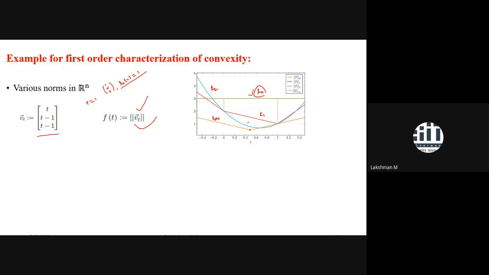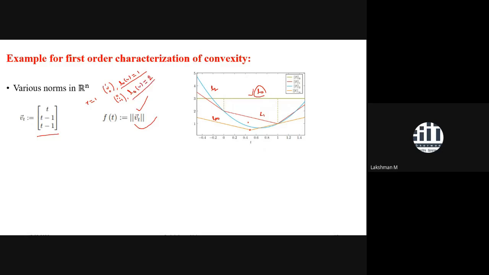If you take t equal to 0, then you will get 0 -1 -1. In that case, what would the L0 norm be? You observe two non-zero entries, so the L0 norm would be 2, the number of non-zero entries in the vector.